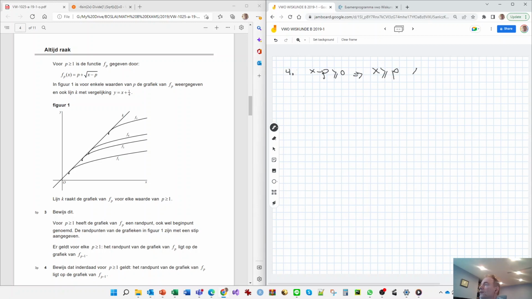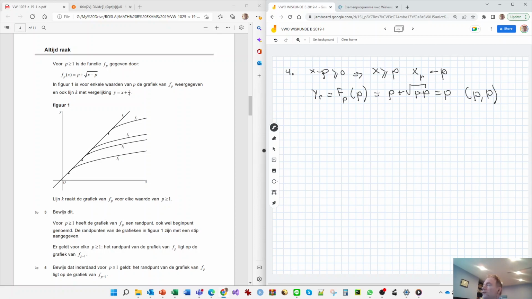So the x coordinate of this randpunt, let's just call it r, is p. And what is the y coordinate? Well, let's call that yr, would be the function fp evaluated at this randpunt x coordinate. Substitute it, you get p plus the square root of p minus p, which is p. So this is our randpunt.